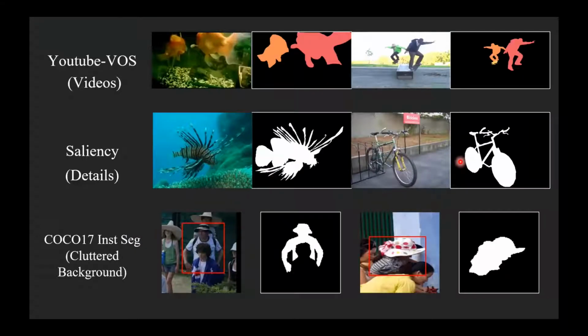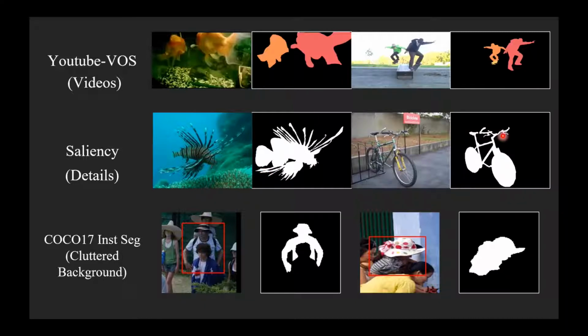Here are 3 datasets that we use to train our AlphaRefine for the VOT2020 challenge. Each dataset has its unique property. YouTube-VOS consists of a large amount of videos, which contain various appearance changes of the target during the tracking period. Saliency datasets feature delicate annotations.